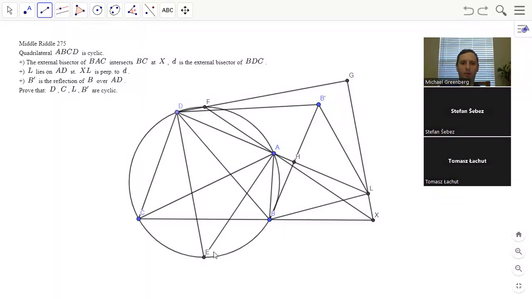But yeah, this is the problem. So we draw the external bisector BAC, and it intersects BC at X. So here's the external bisector, makes XF.